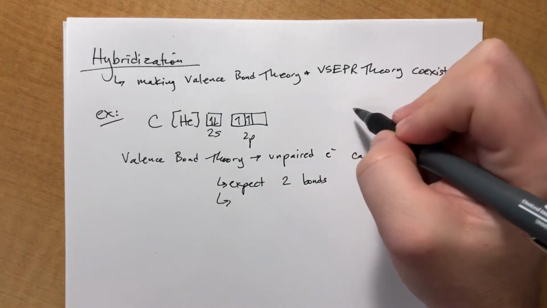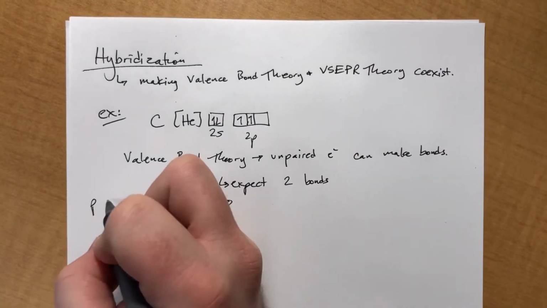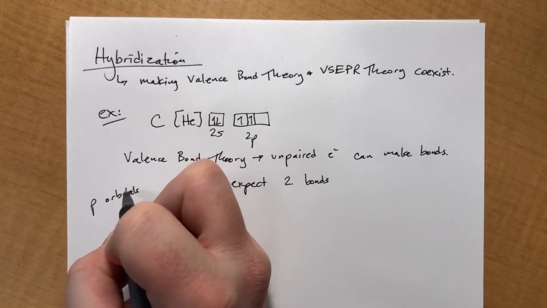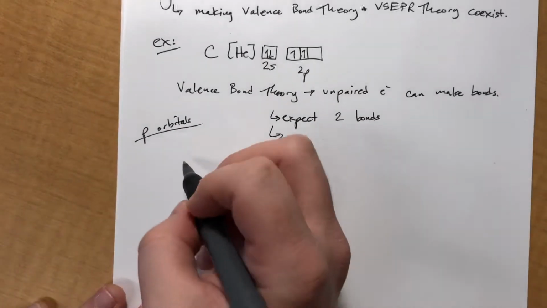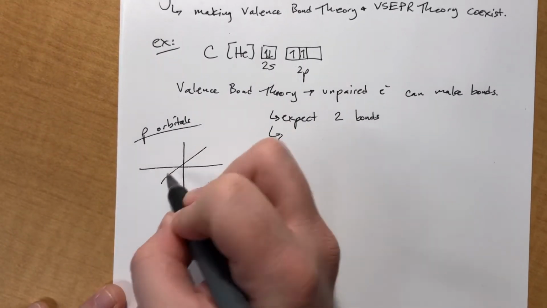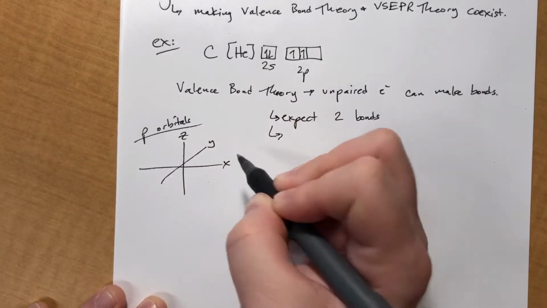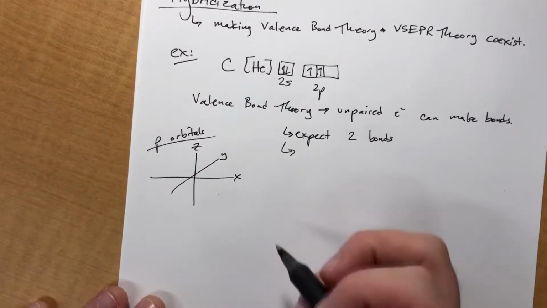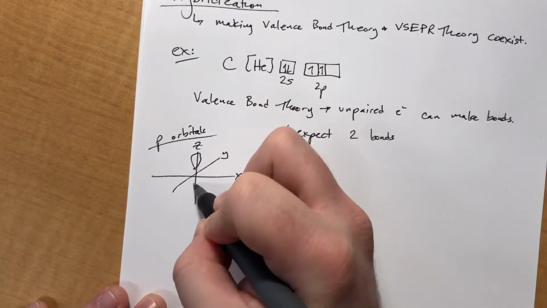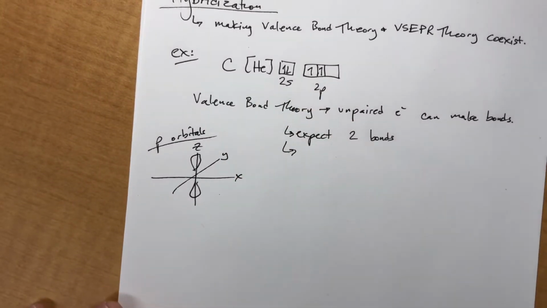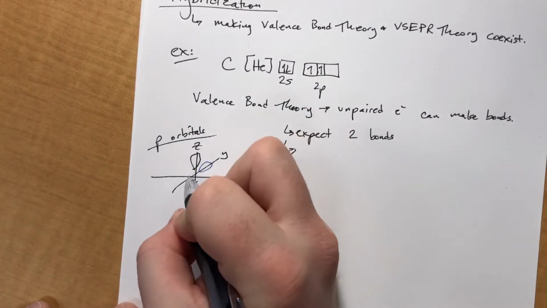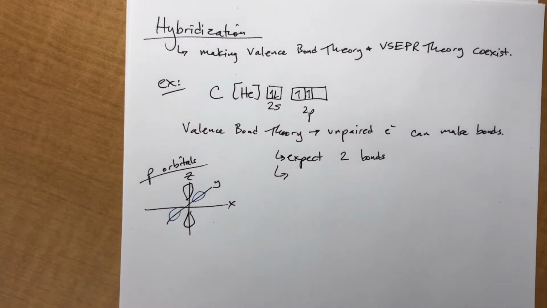And we expect them to be 90 degrees apart because if you remember way back to the geometry of p orbitals, I'll draw this off to the side here. Try to draw them in different colors, how about that? If you have 3 dimensions going on here, you're gonna have 1 p orbital above and below the z-axis, you'll have 1 on the y-axis, and you'll have 1 on the x-axis.